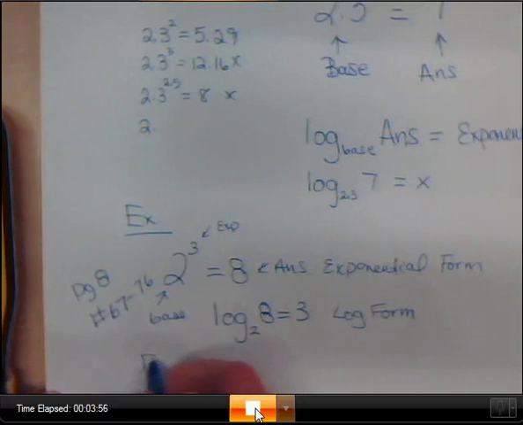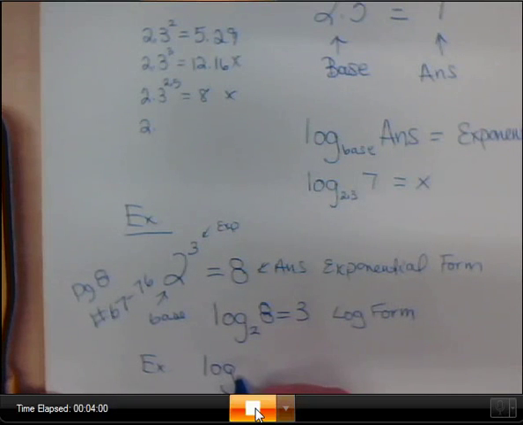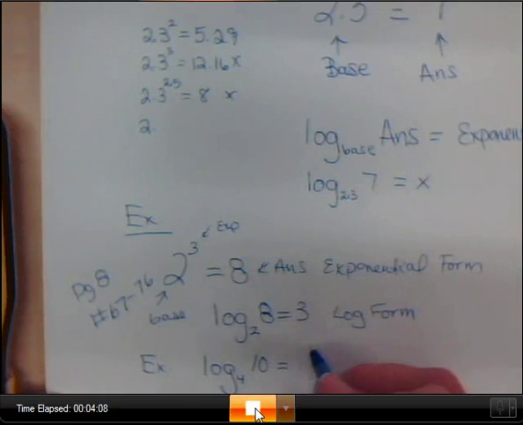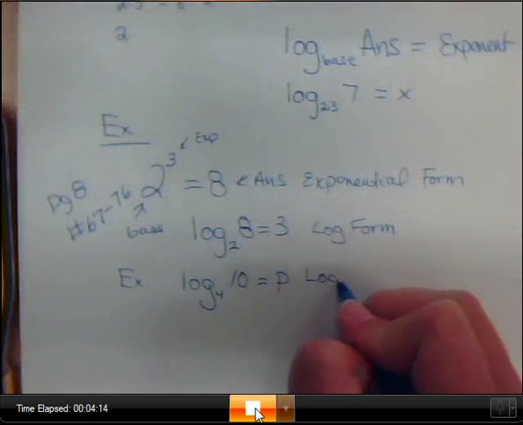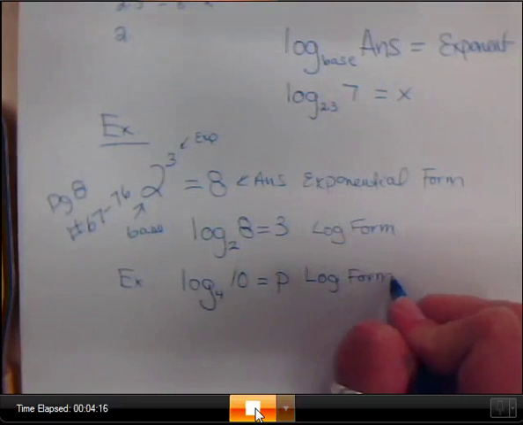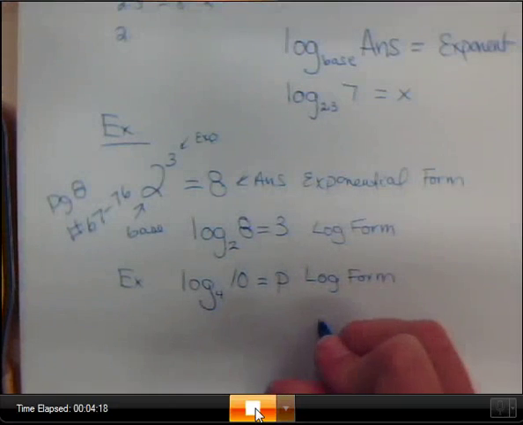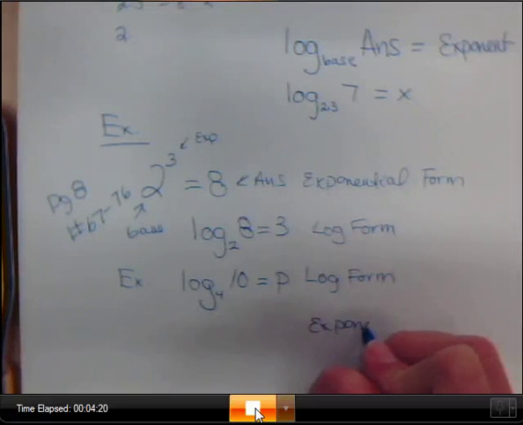So let's try a different type. What if I have the log notation? Let's say log base 4 of 10 equals, I don't know, let's say p. So this is log form, and now I want to change that to exponential form.